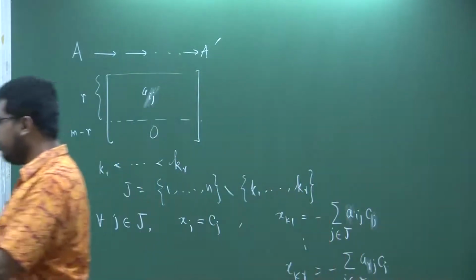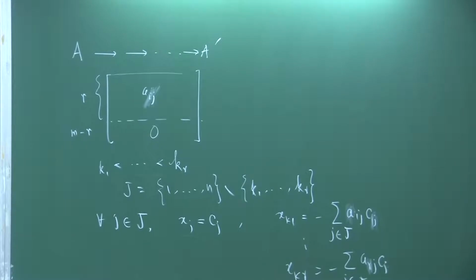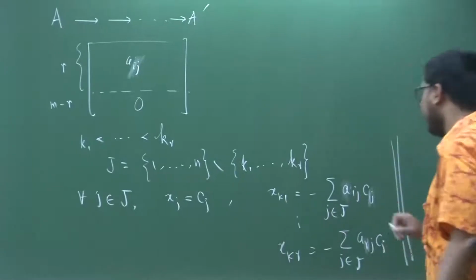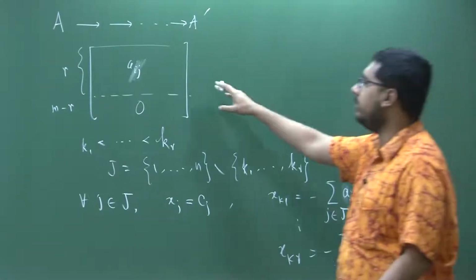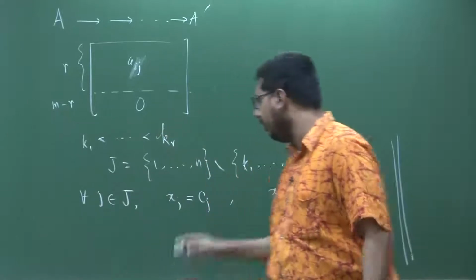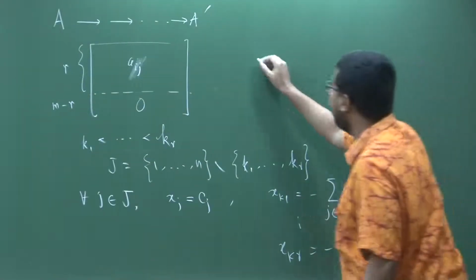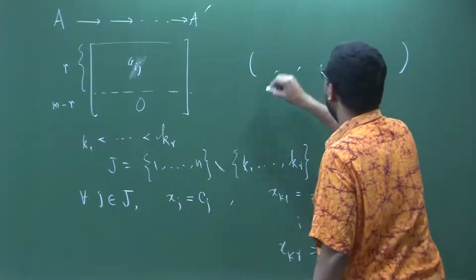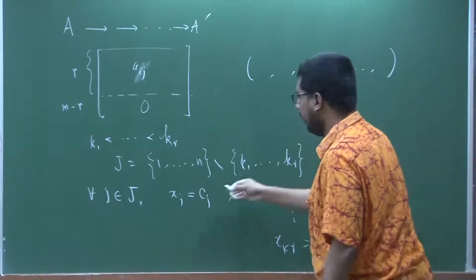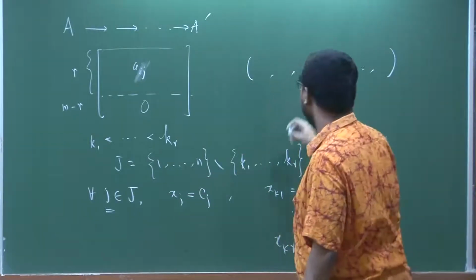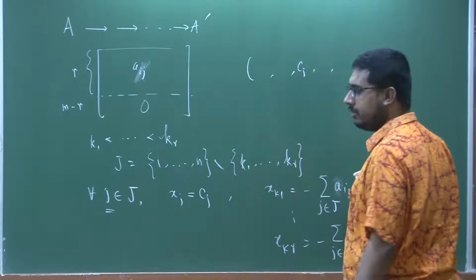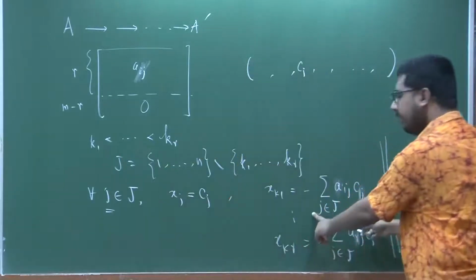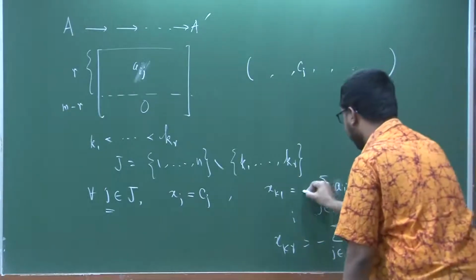We have also seen that any solution of this system Ax equals 0 must be of this form. In a typical solution, the coordinates corresponding to J will be the Cj's, and the coordinates corresponding to k1, k2, up to kr will be these quantities.